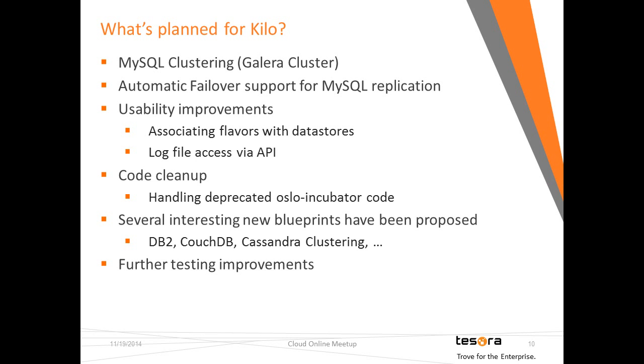The capabilities exist, but we're going to make it much easier for you to use them in Kilo. There are going to be many improvements to usability, things like how you can access log files through an API, how you can associate flavors with data stores. The theme for these kinds of changes and some others is to make Trove in Kilo much more secure and much more enterprise friendly.